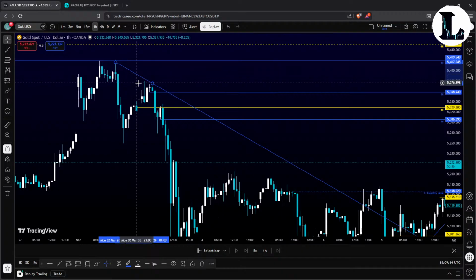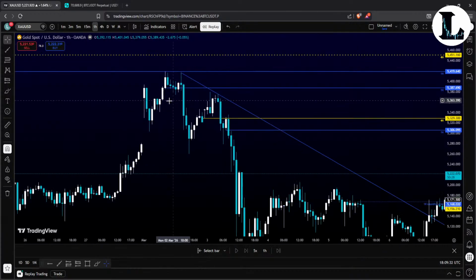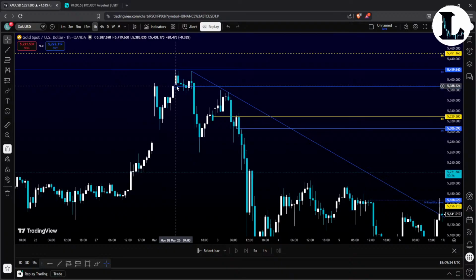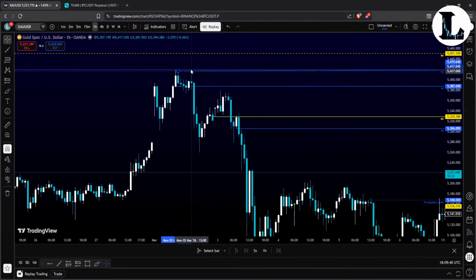No. Okay, so really simple. We break on the third. It is not a strong trend. I think I'm mistaken. Yeah, I made a mistake. I forgot the body here. Oh man, I should have zoomed in. So this was actually a strong level, and we cannot create a trend here.